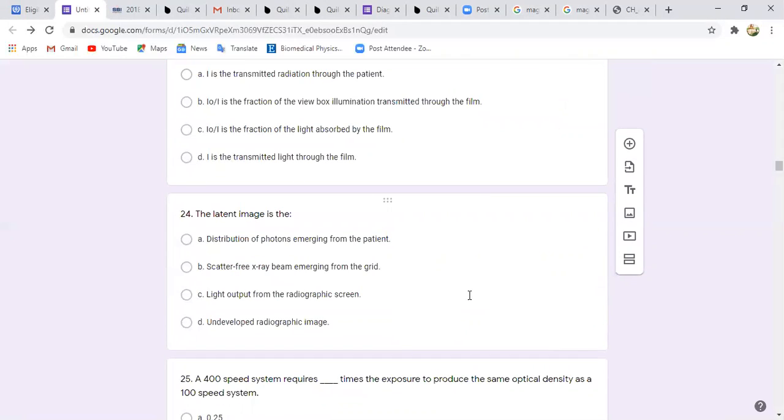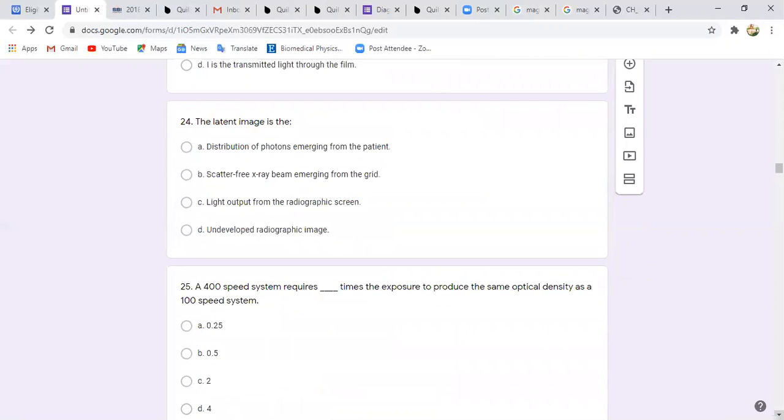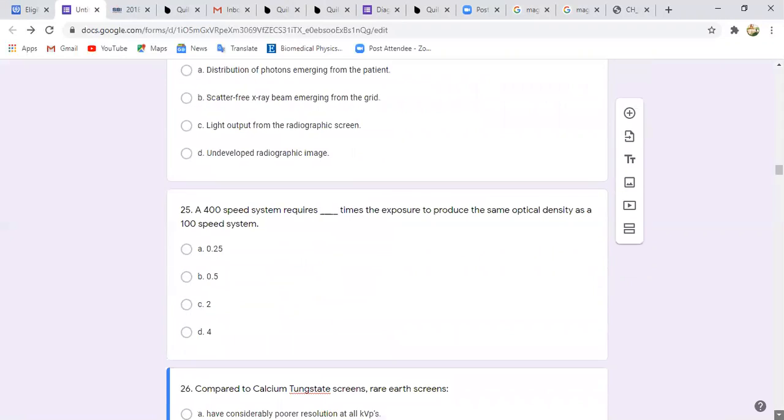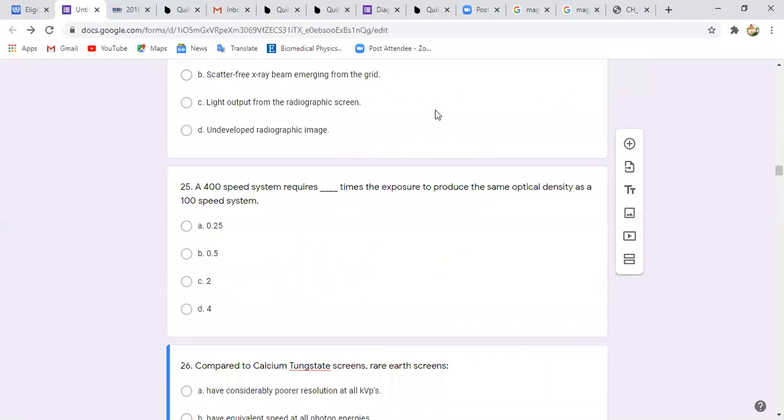The latent image is what? What's the latent image? Yeah, the undeveloped photographic image that comes from a latent image center. A 400 speed film requires what time to produce the same optical density as a 100 speed film? It's 0.25, just 100 over 400.